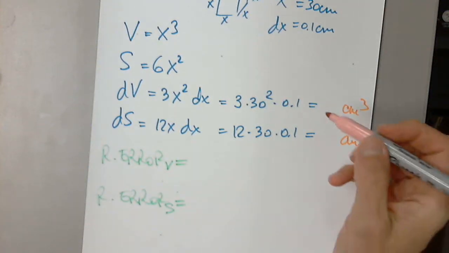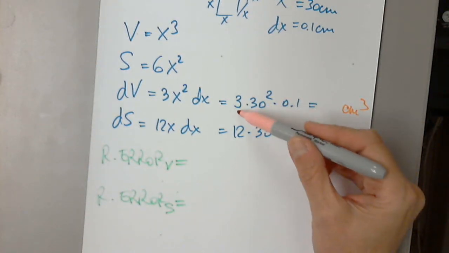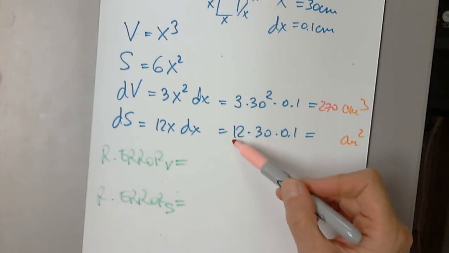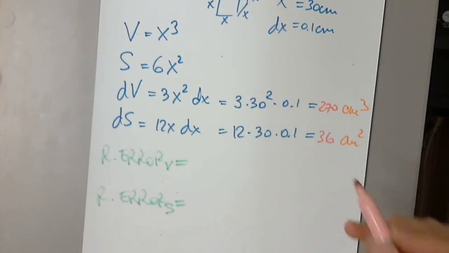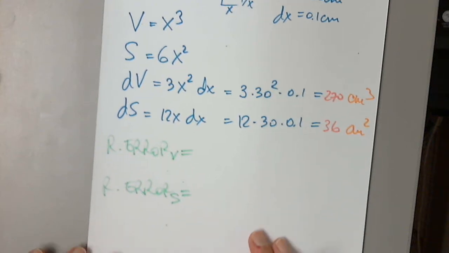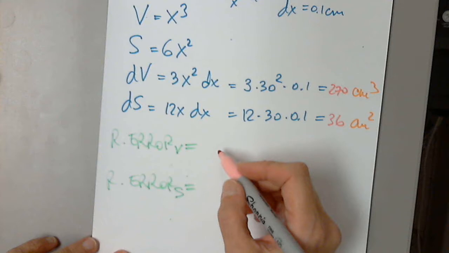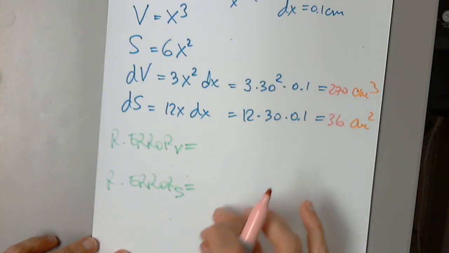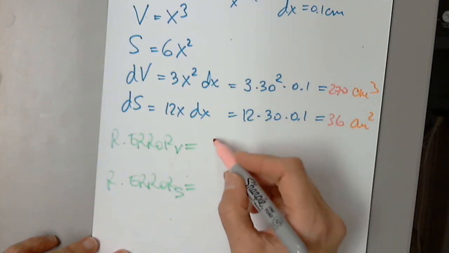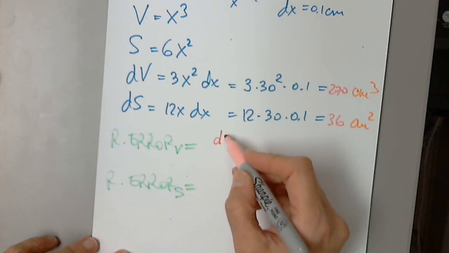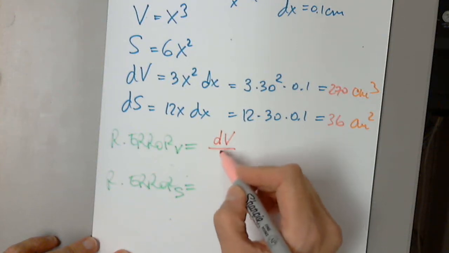So do we have these numbers? So this is 270, and then 360. Okay, perfect. So what is the relative error for the volume? How do I determine it? Remember, it's error over the original. Good.